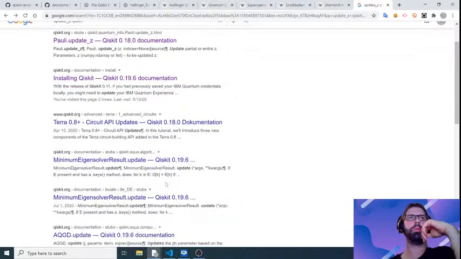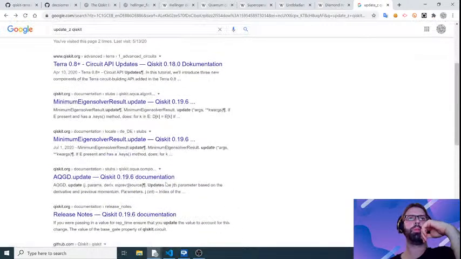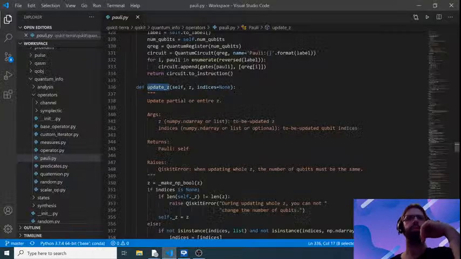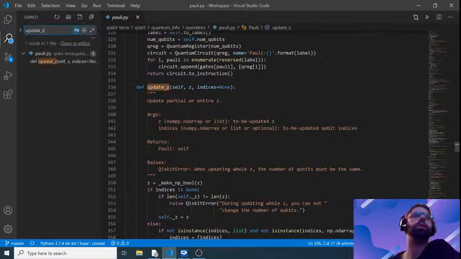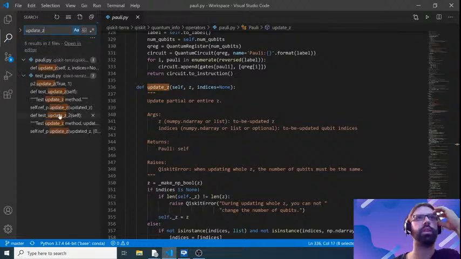Mm. Where is this used? Is this used in any examples? I haven't cloned the other Qiskit packages, but okay, so just in the tests.